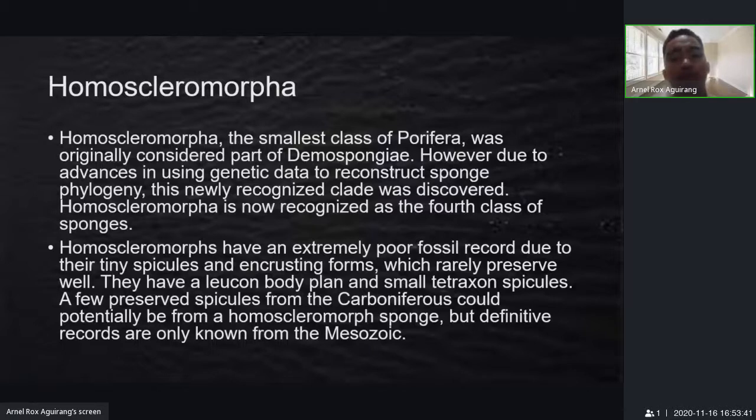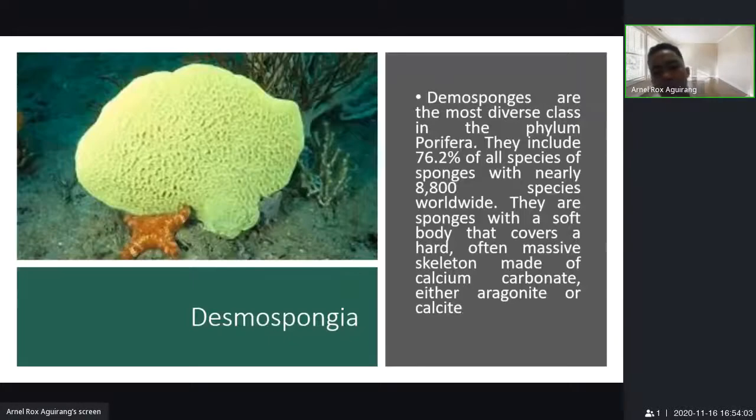They have a leuconoid body plan and small tetraxon spicules. So, the composition of their spicules is tetraxon. A few preserved spicules from carbonate could potentially be from homoscleromorph sponges, but this record is only known from the Mesozoic.